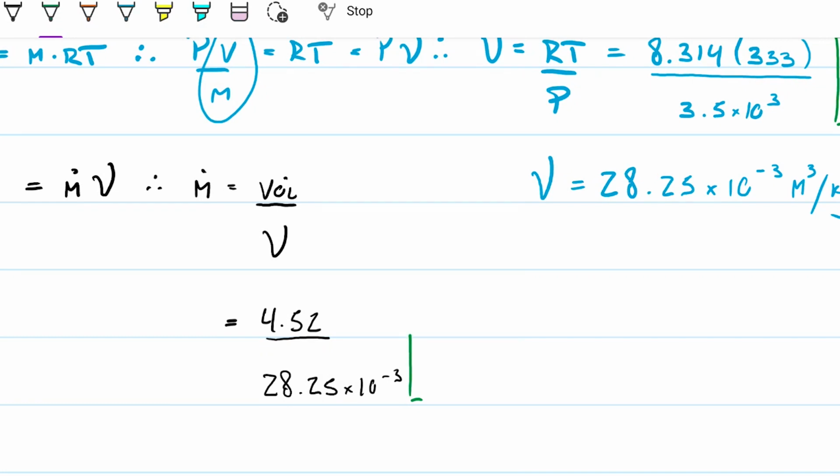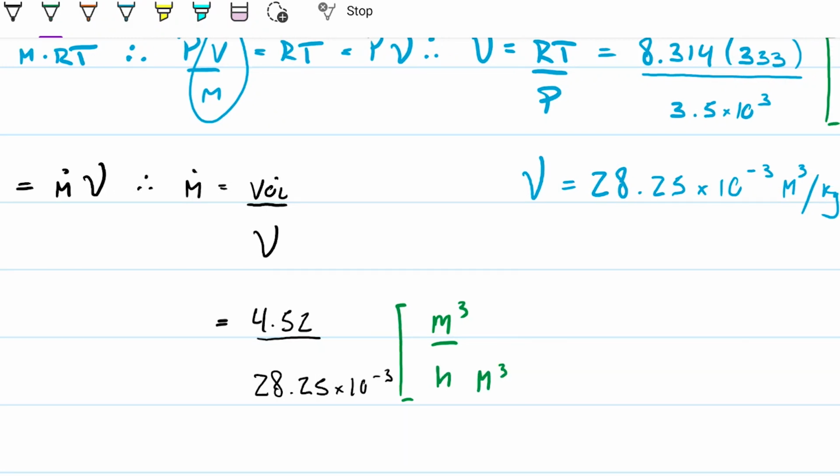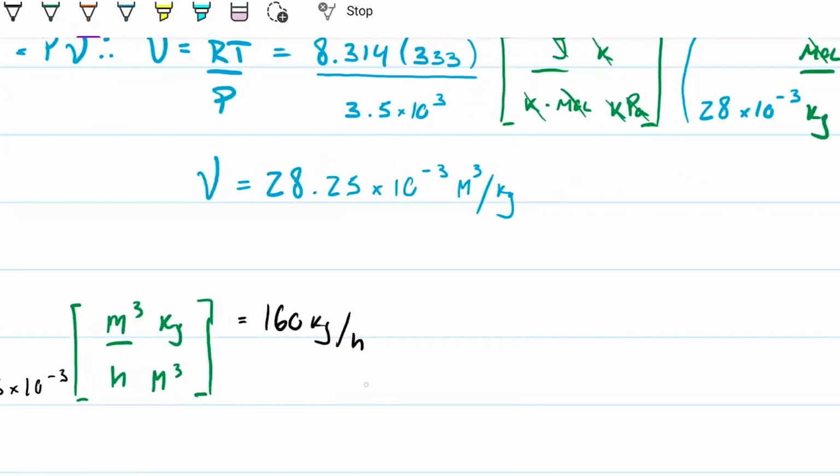This is meters cubed per hour, and here is meters cubed per kilogram. So that will give me kilograms per hour, which is just fine, and we can keep it that way. That's going to give us 160 kilograms per hour. And that's all good, and that's a good answer too.